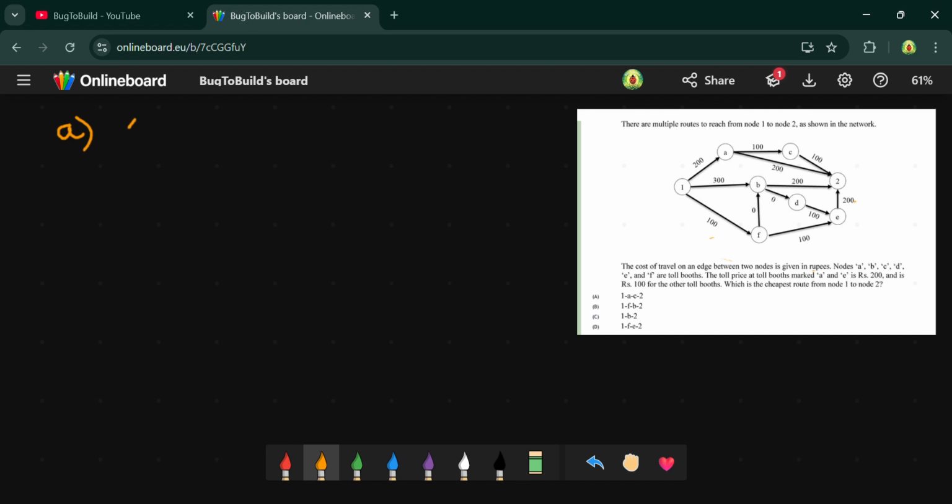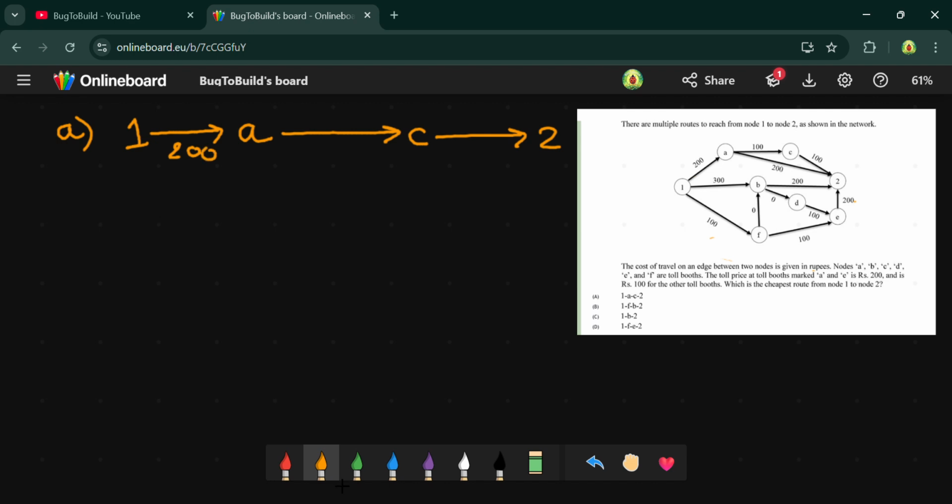From 1 to A and A to C and then C to 2. You have to pay from 1 to A; the price is given here. So start from 1 to A, the price is 200.